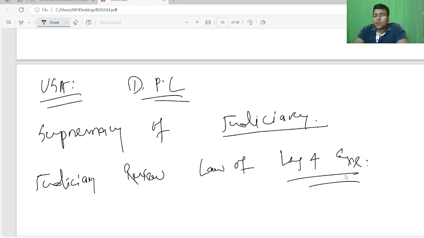If the judiciary finds a law is against the constitution, against the ethos of the constitution, it declares it null and void under judicial review.